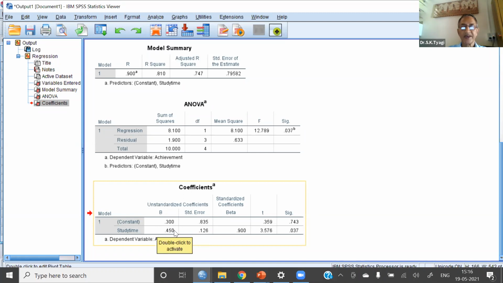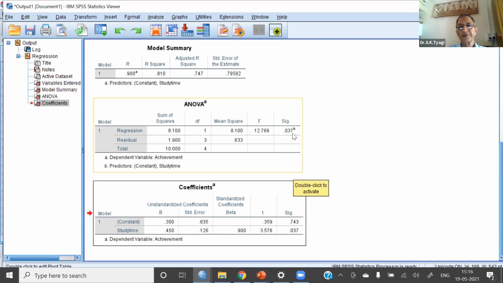Now, what does it mean? How to interpret this regression coefficient? How to interpret this t-value? See, this t-value is 3.576, and the p-value is the same as the value of ANOVA. Please note this important point.